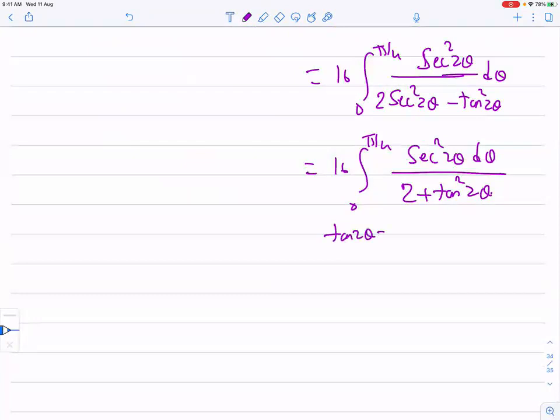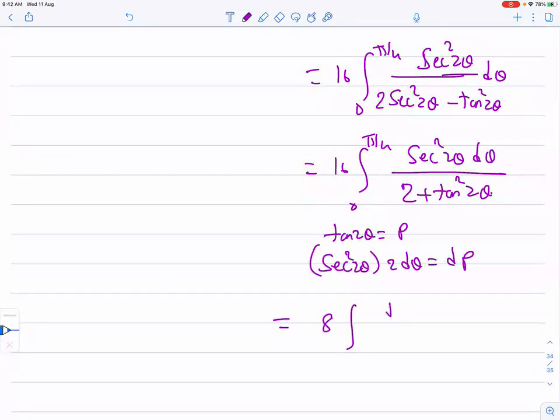Tan 2 theta को I will take it as p, derivative sec square 2 theta into 2 d theta equal to dp. So numerator will be 8 times dp upon 2 plus p square.